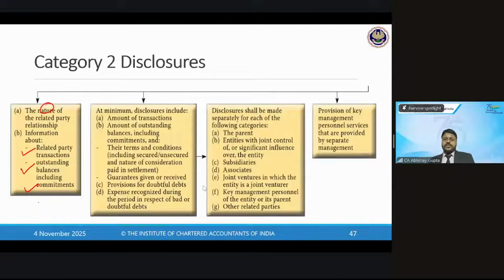At minimum, what is required to be disclosed? Amount of the transaction, amount of the outstanding balance, any commitments, terms and conditions of secured, unsecured loans, if any given or taken, or if any guarantees are given or received, the nature of guarantees. If there are any doubtful debts, suppose I have made a sale to my related party, but now that related party is doubtful to be collected, so I need to create an ECL, expected credit loss.